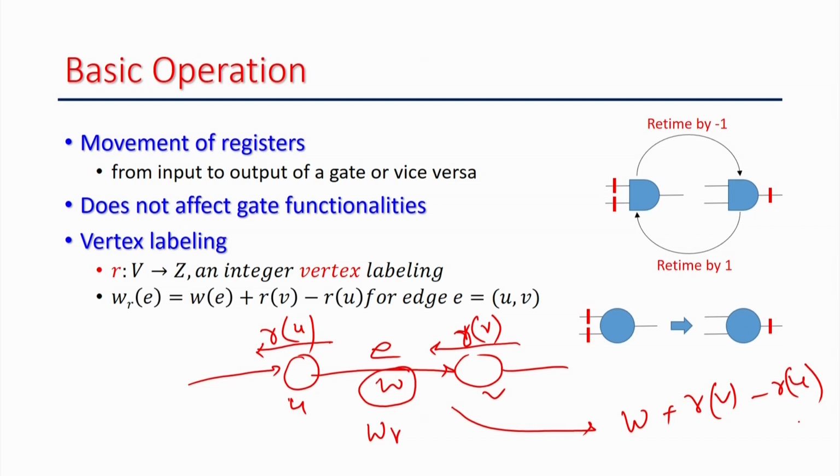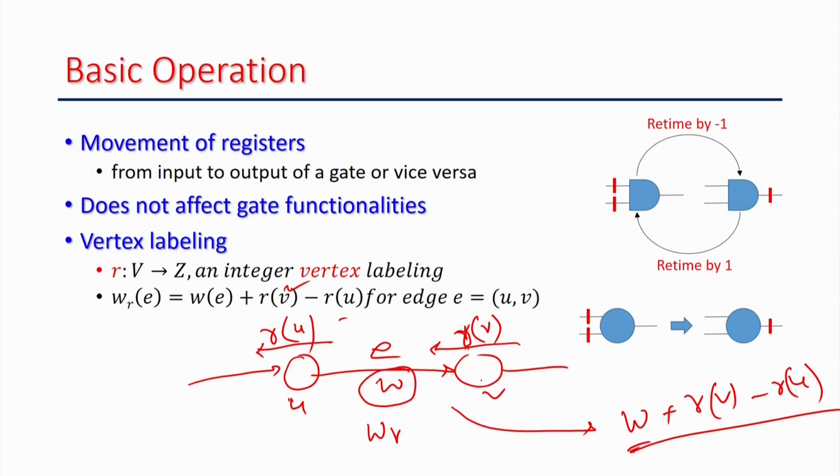So, after retiming, the number of registers on this particular edge will be given by W E, the actual weight of the edge, plus R V minus R U. So, the number of registers coming in, minus the number going out, plus the original registers, gives you the number of registers after retiming. What it indicates is that if we can find this R value for each node, then we can calculate the retiming, because we are now going to talk about the automation, how we can do that.